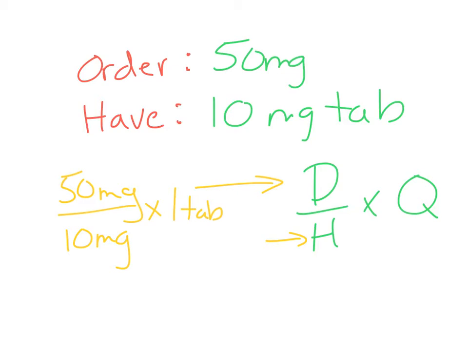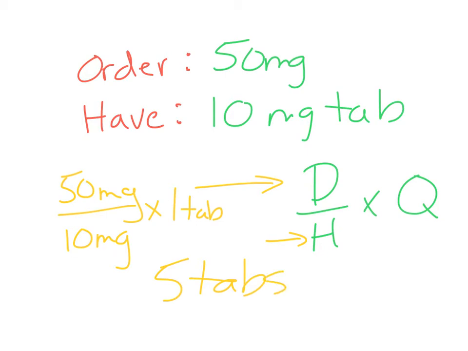So you probably looked at this and did it in your head, and that's how we got the 5. But how we would solve these equations anytime we aren't doing them in our head, you simply take D and divide it by H. So in our last example, it would be 50 divided by 10, and obviously that's 5. And then we take that and multiply it by the quantity. So in this case, 5 times 1 would still just be 5. And that's why we got our answer of 5 tablets.